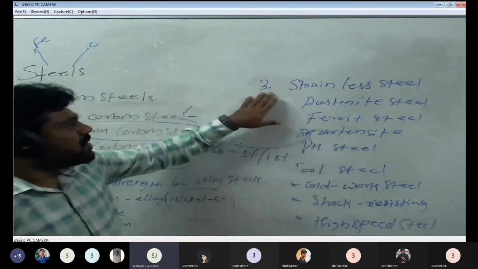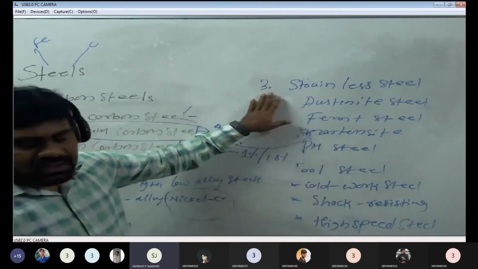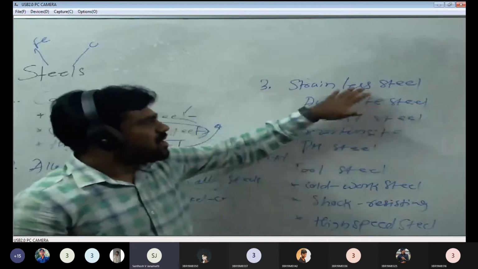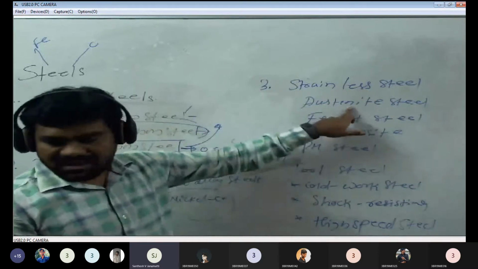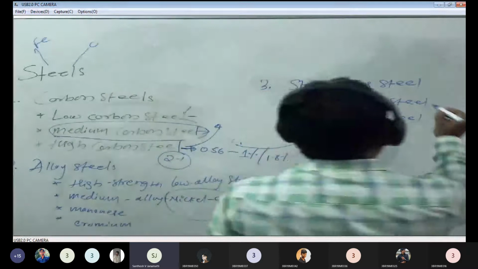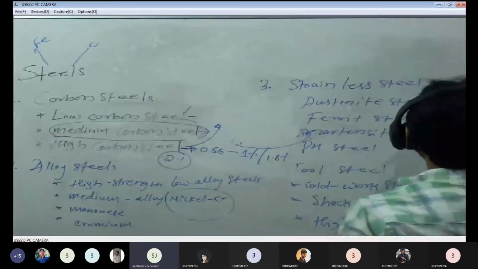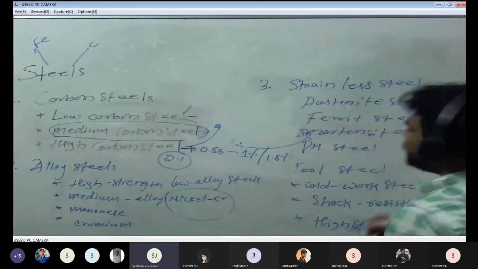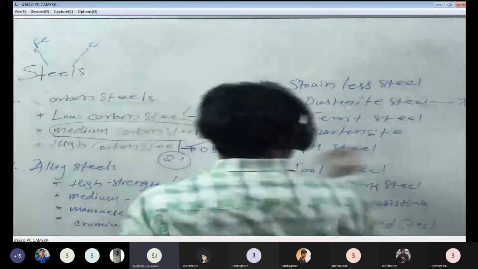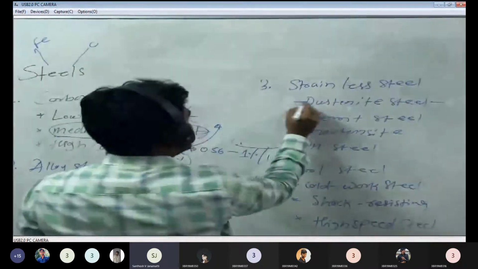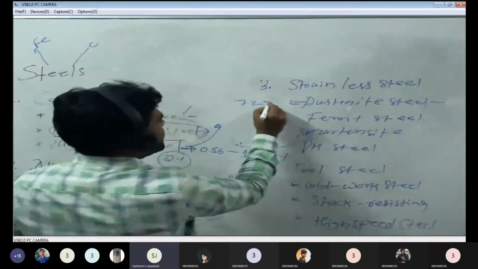Coming to the third type of steel, the stainless steel. Now we have austenite stainless steel. Austenite stainless steel means it is stable at 727 degrees Celsius. This is the austenite temperature.